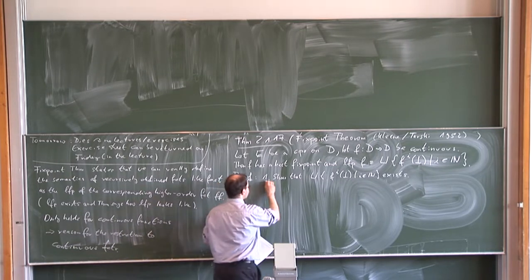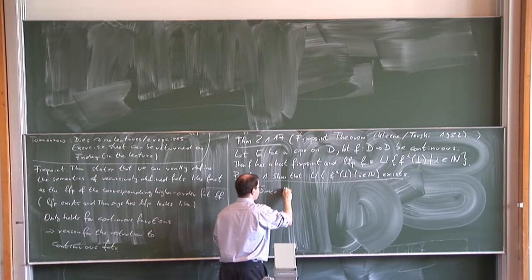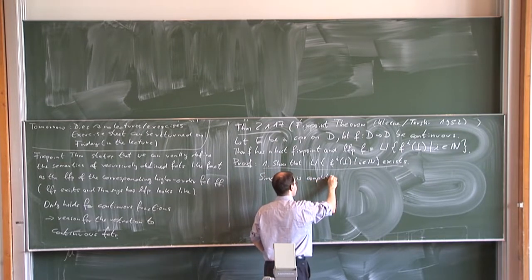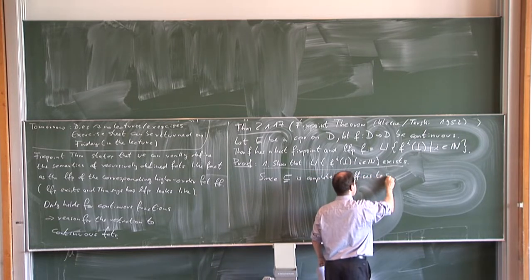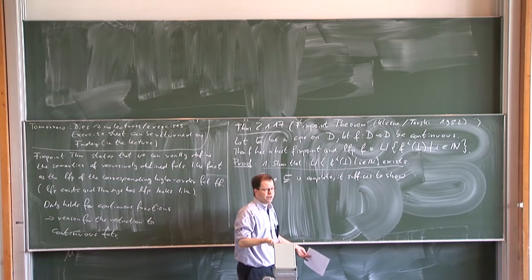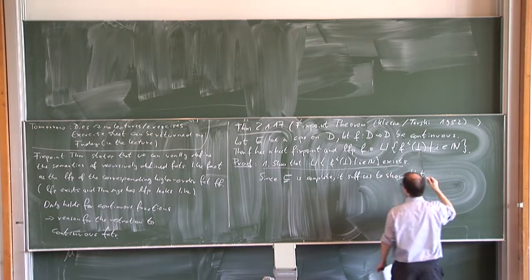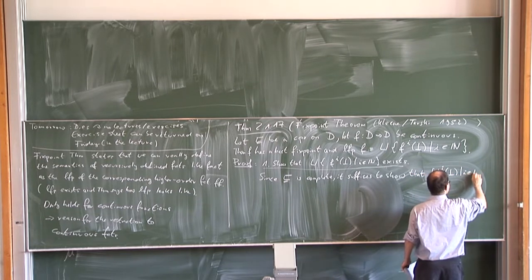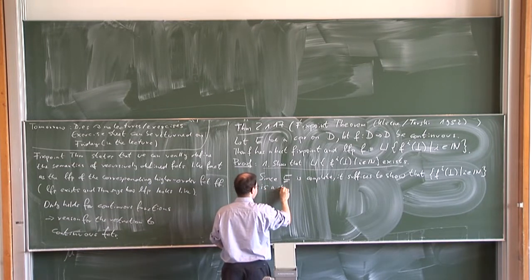So since this order here is complete, it suffices to show that this set here is a chain, because for a complete order, every chain has a least upper bound.